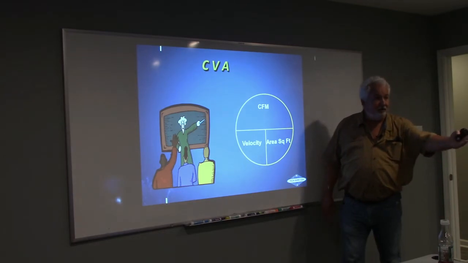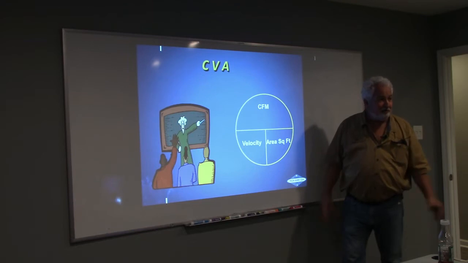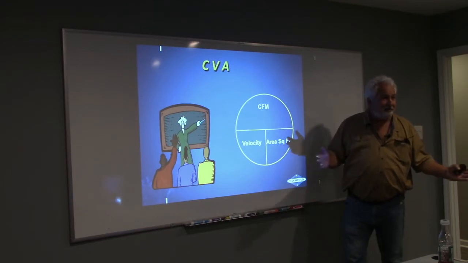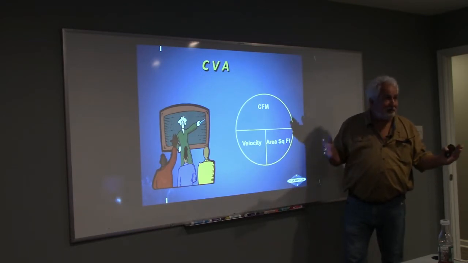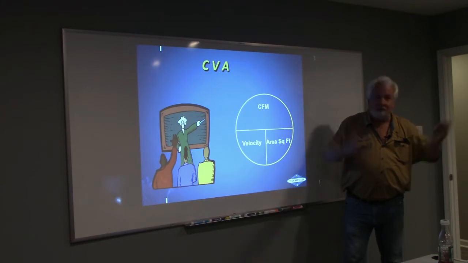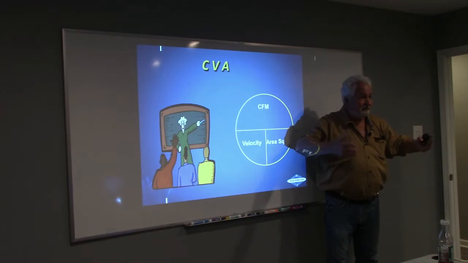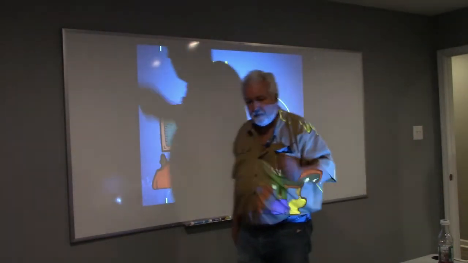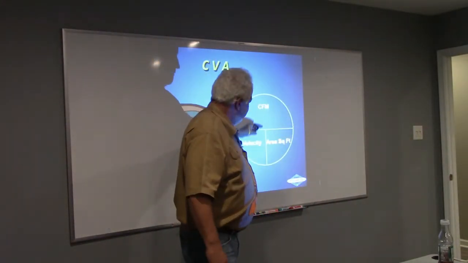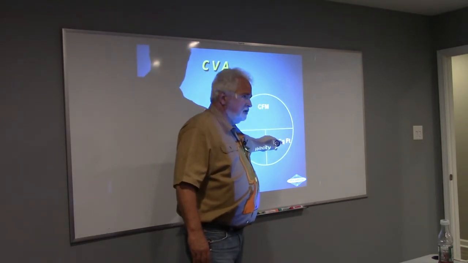If the speed is too high, based on what you're supposed to have there, you know that, oh crap, my speed's too high, that's telling me my ductwork is too small. How cool is this? Is this good stuff? Good stuff. CFM, velocity, area in square feet. Everybody cool with that so far?